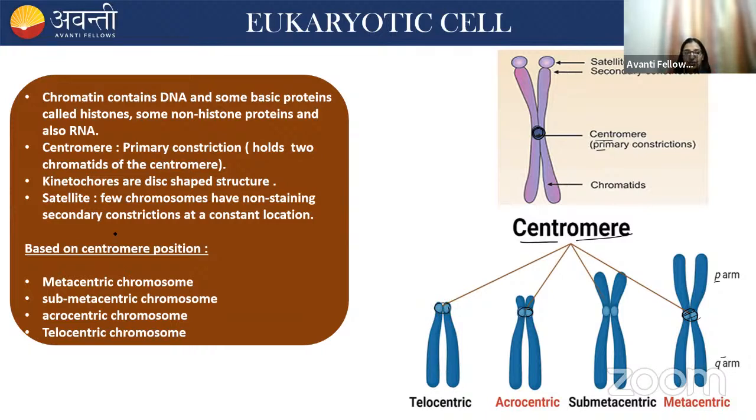And secondary constrictions are also present, which are known as satellites. A few chromosomes have a non-staining secondary constriction at a constant location. These satellites have repeated DNA.